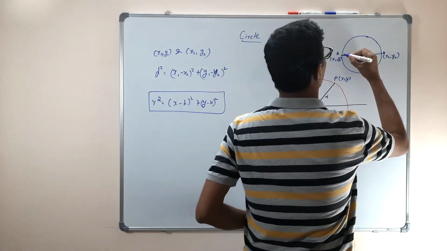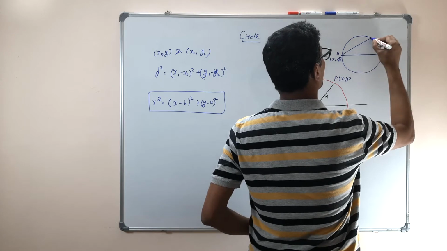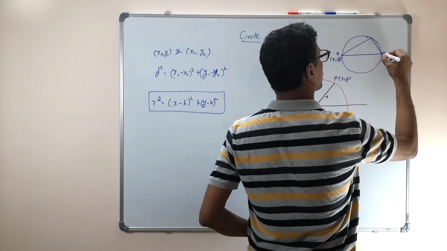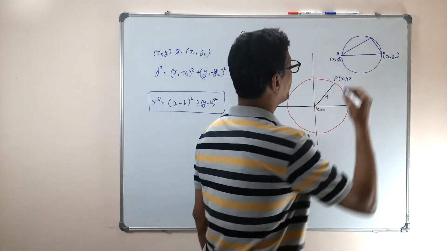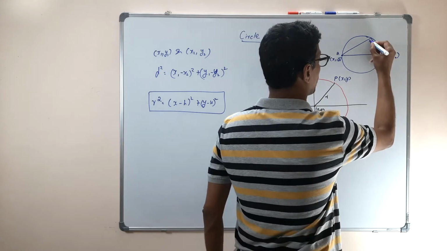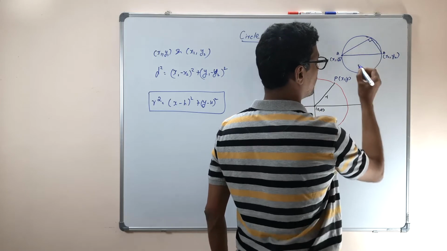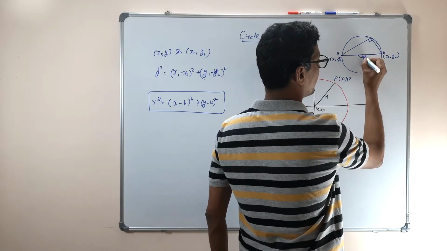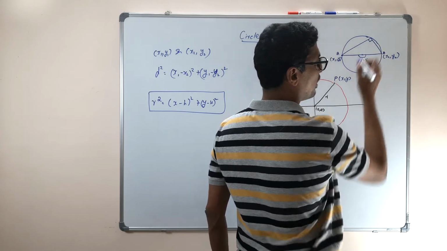What they do is, if I join any part of the circle with this, can you tell me what will be the angle? Not perpendicular bisector. It is 90 degrees because this angle is 180, and this will be half of it.